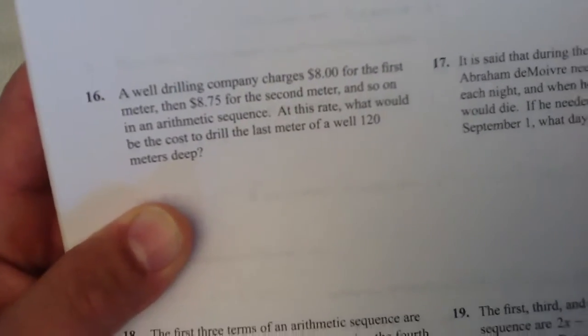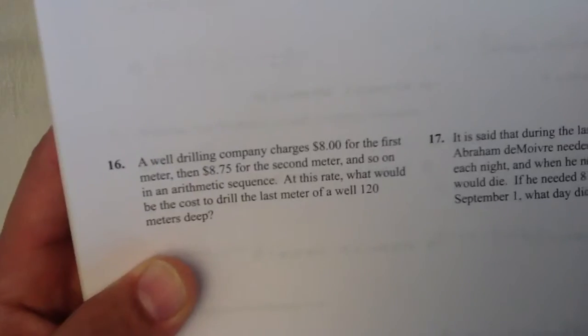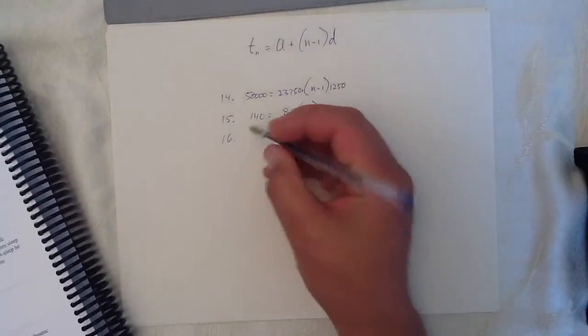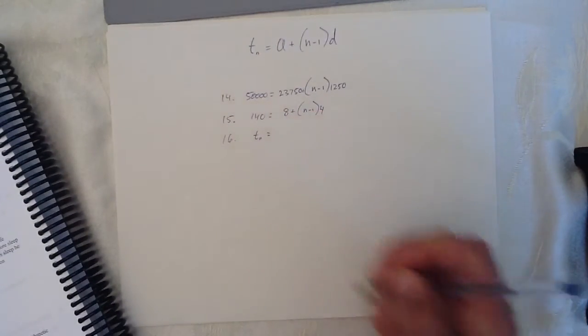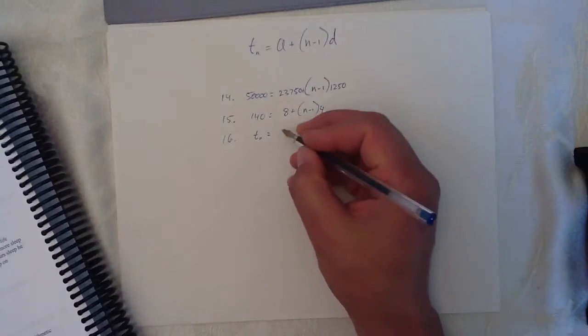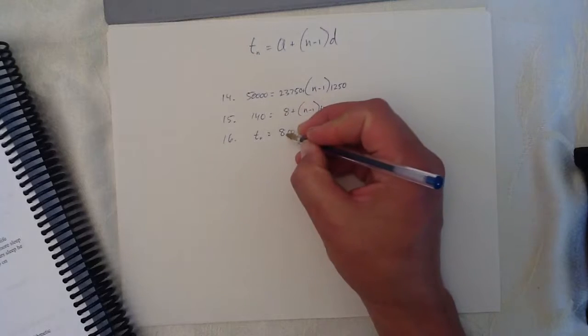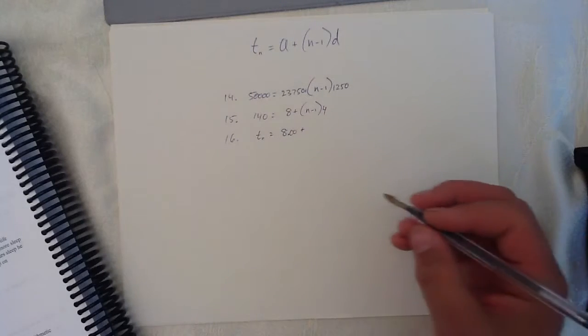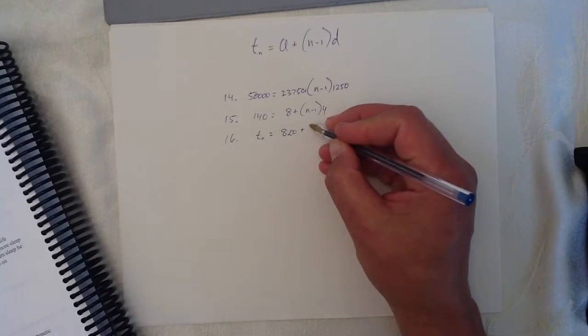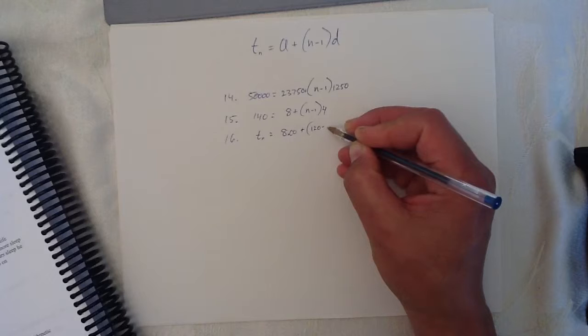So if we look at this carefully, the Tn, the final cost, is not given. That's what we're looking for. The first cost was $8. I'll just put those decimal places there because it's money. And it gives you 120 meters.